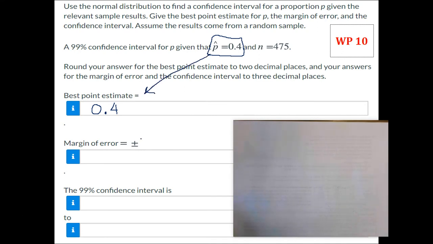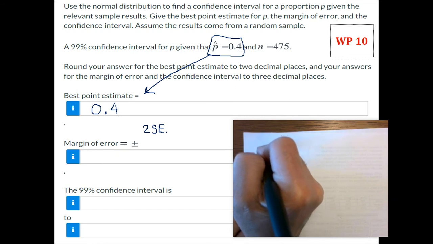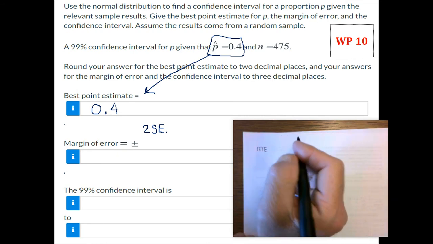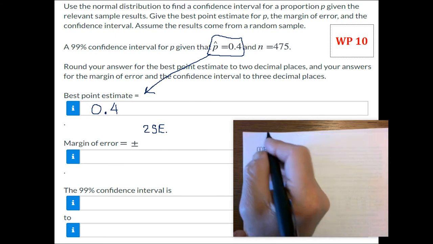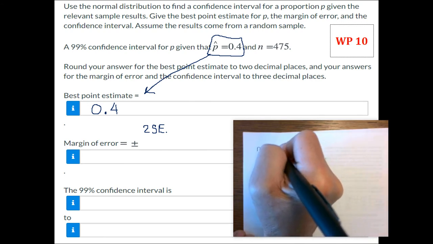That's my best point estimate. Now, my margin of error. Remember that my margin of error calculation has to come from two standard errors. So I'm going to go off to the side and we're going to actually make this calculation happen. Our margin of error is going to come from our formula, and our formula says that instead of taking 2 times the standard error, we can just simply calculate Z star.